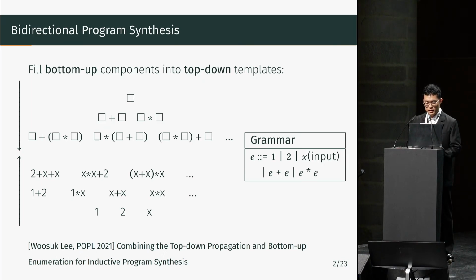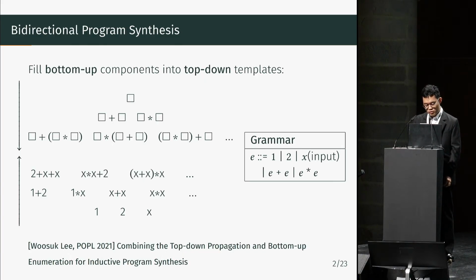So we use a bidirectional program synthesis algorithm, filling bottom-up components into top-down templates to make big program sketches in early stages. So here comes the hole. The hole means currently not filled but can grow into any program.